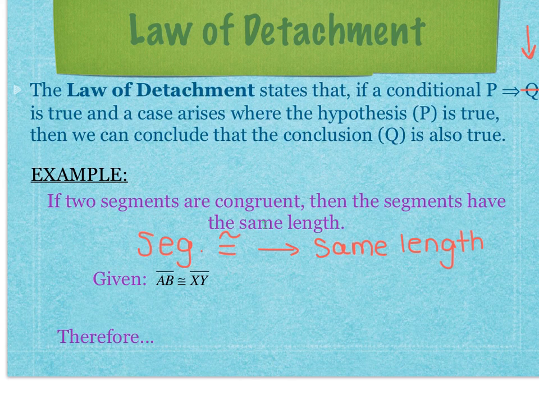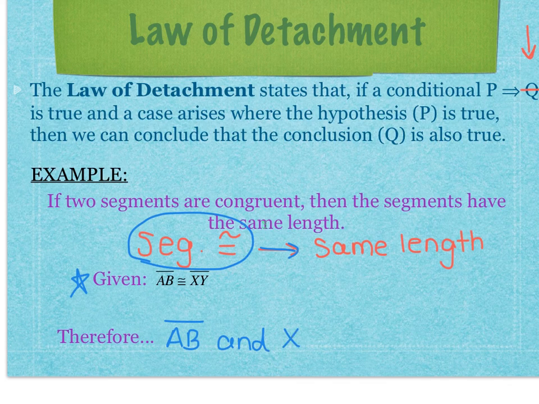Now I'm given this piece of information here. I'm given that I have two segments that are congruent. Well, that's a case of the proposition being true, or the hypothesis being true. So I can follow the arrow here and conclude that AB and XY have the same length.